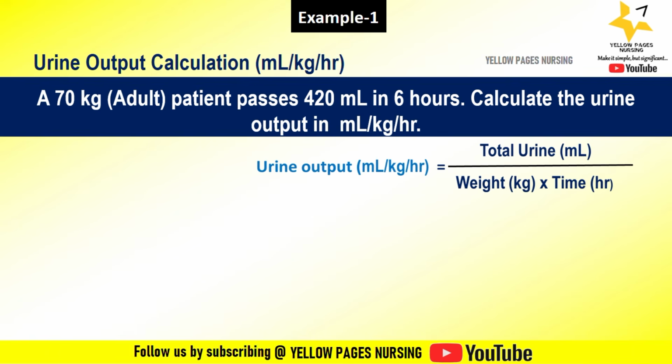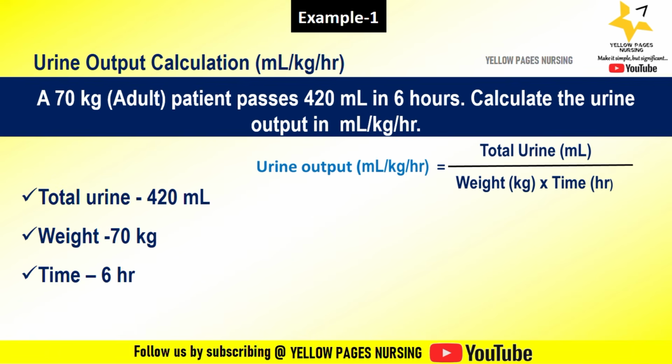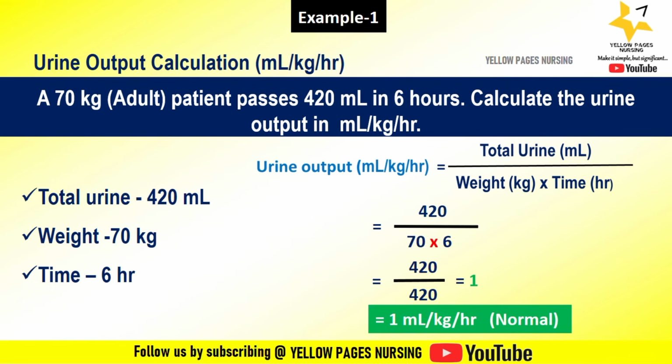Here, the total urine is 420 ml, weight is 70 kilogram, and time is 6 hours. So applying all into the formula, we get 420 divided by 420, which gives 1. So the urine output will be 1 ml per kg per hour, which is normal for an adult.